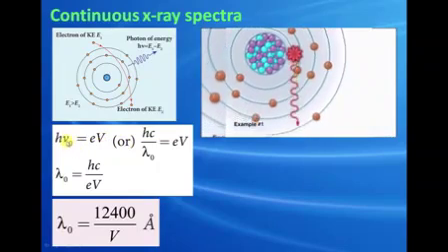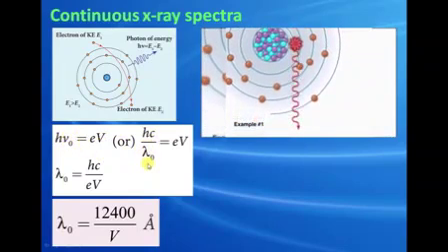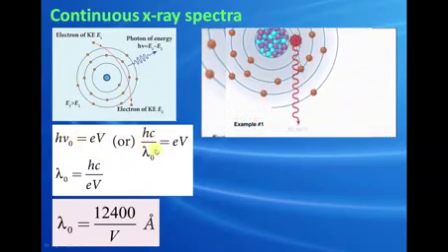Mu naught is also denoted as c divided by lambda naught. So hc by lambda naught is equal to eV. Lambda naught is the cutoff wavelength, so lambda naught equals hc divided by eV.